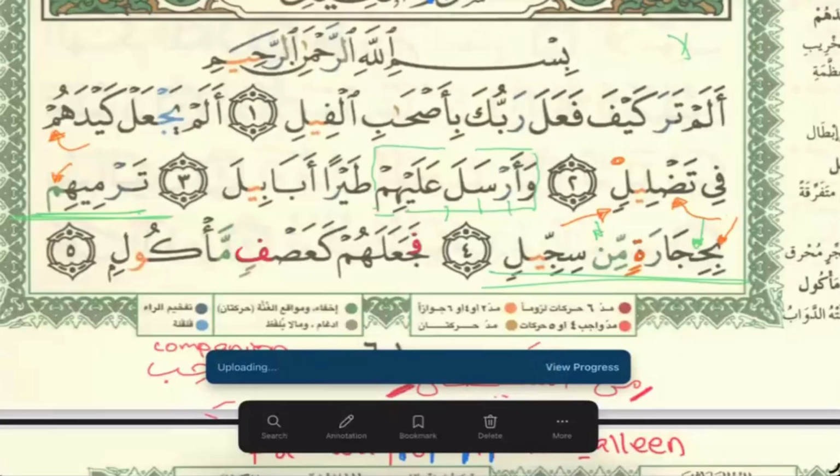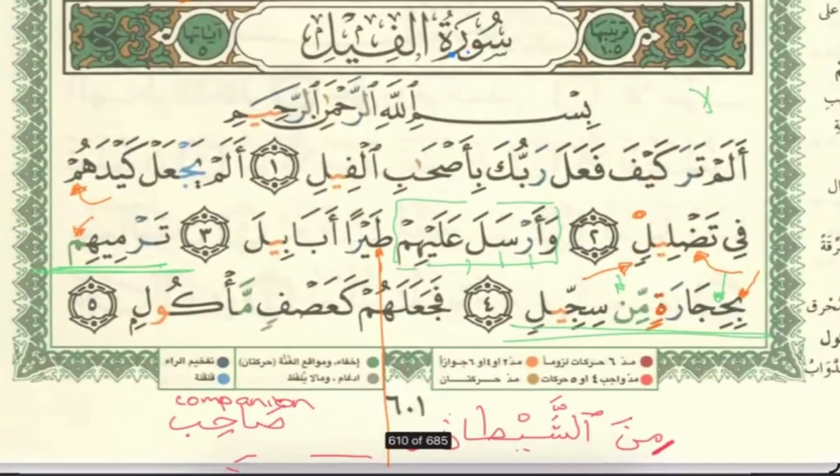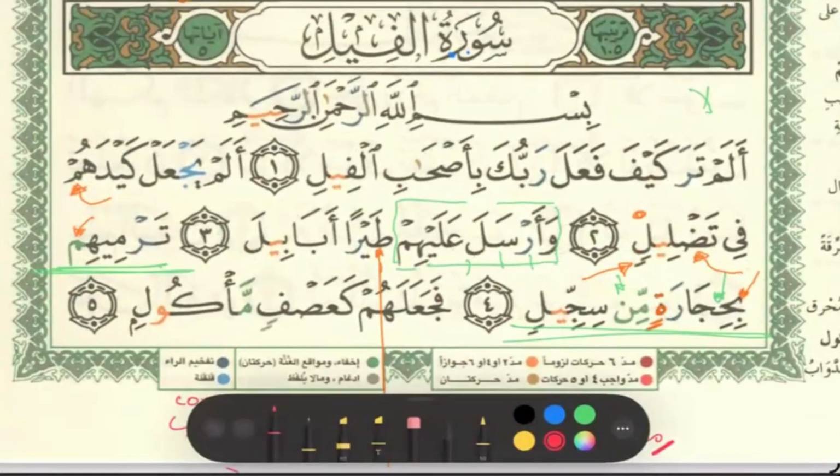Has to re-upload each time because it's such a big file. Okay, we have several right here in Surah Al-Fil, where we are. Here's a calf. So look here.